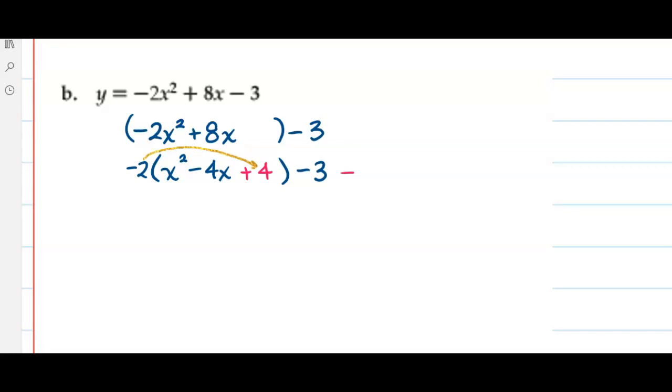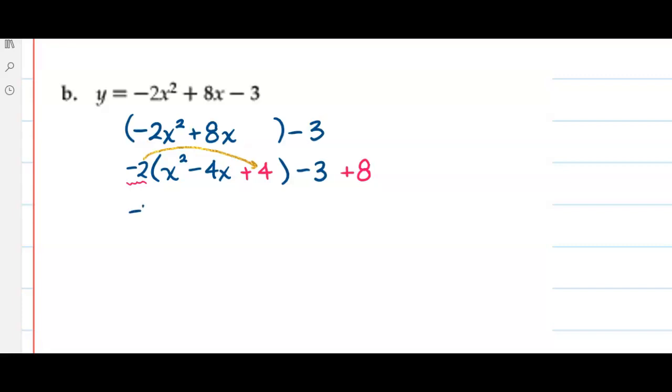So far what I've really done, and this is where it gets confusing, I've really subtracted 8. So outside I need to add 8. That's very challenging to get the hang of. Normally, if we put a plus 4 here, we'd put a minus 4 here, but we have to account for the coefficient that's been factored out, because whatever goes into this parentheses automatically gets multiplied by the negative 2.